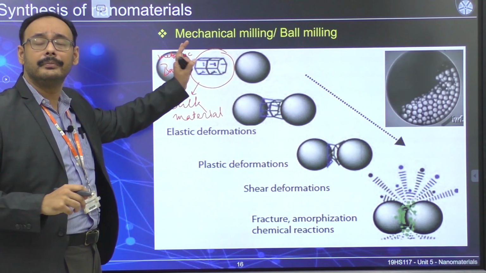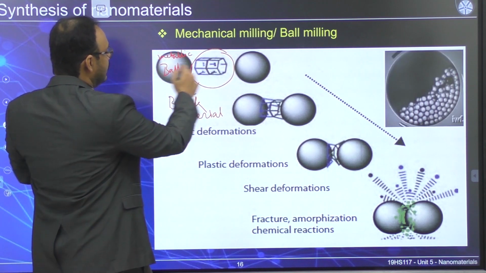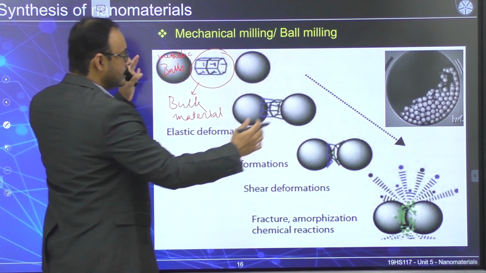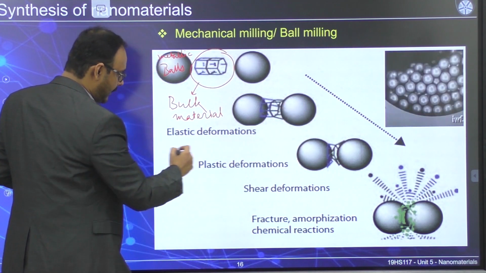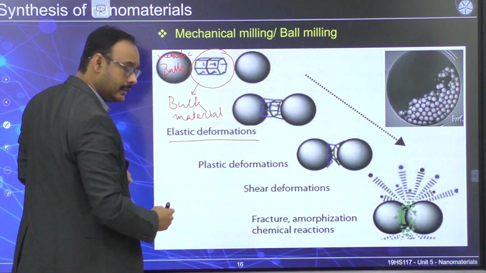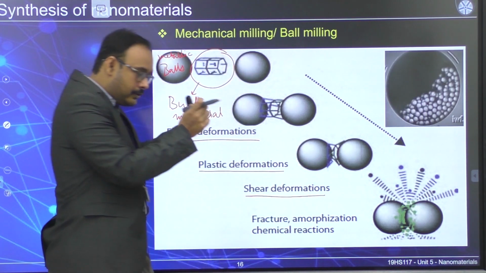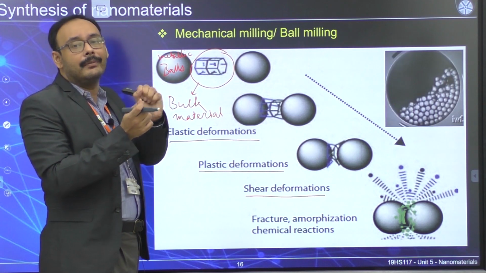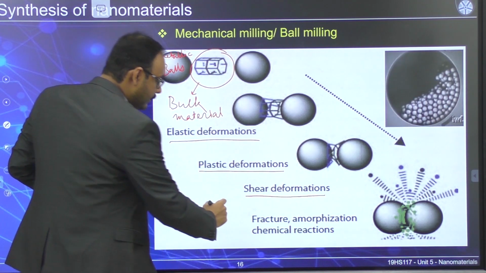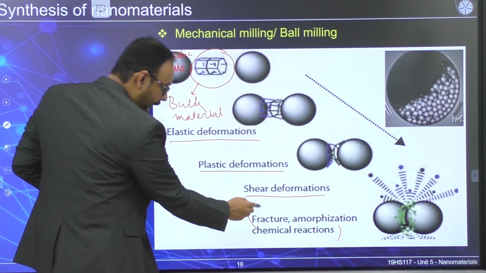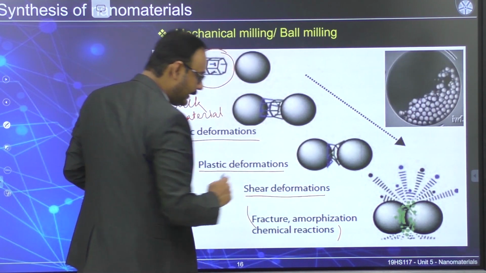Depending on what kind of material it is, let's say this comes in between two metallic balls. Now once it starts, there are certain steps: elastic deformation, then plastic deformation, then shear deformation, which will actually change the shape of the material. It will give you this particular final product once you have fracture, amorphization and chemical reactions.